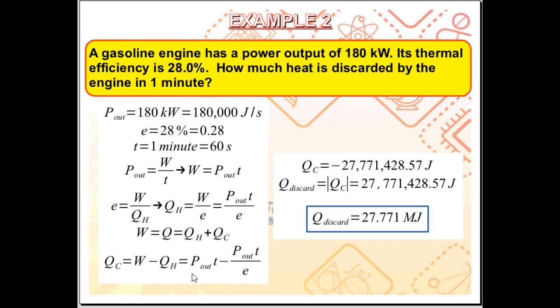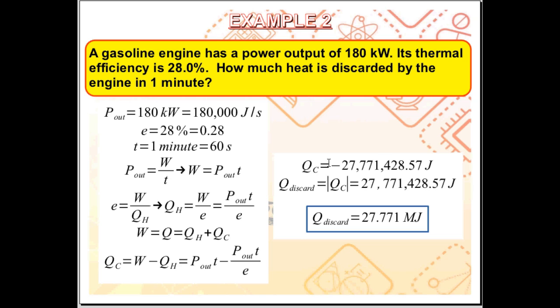So QC is now equal to P out T minus P out T over E. And we are able to calculate QC to be negative 27,771,428.57 joules. Negative because it is basically energy loss or heat loss.